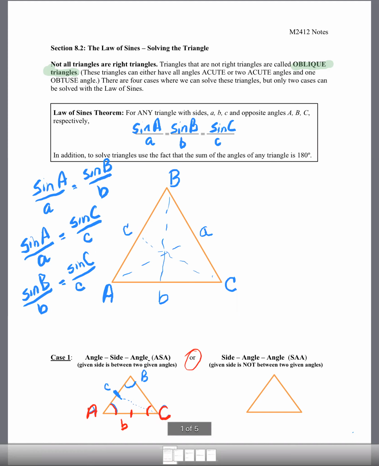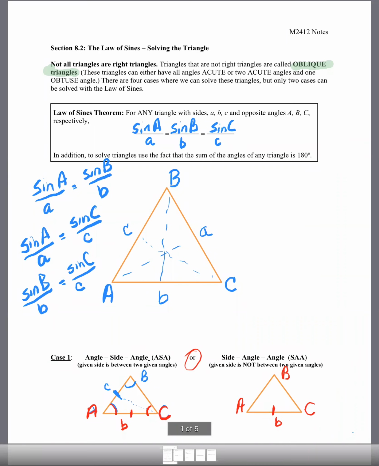What that means is that if you approach the triangle, and let's go ahead and give it a name, A, B, and C, then if I tell you that I'm going to give you a side angle angle type triangle, then you and I would find a side to work with.